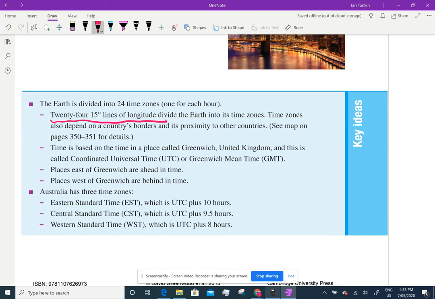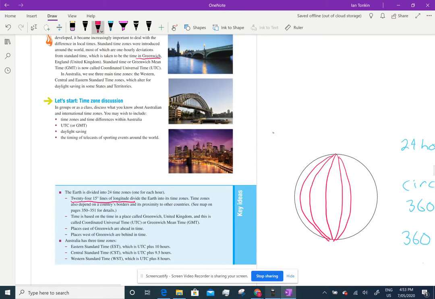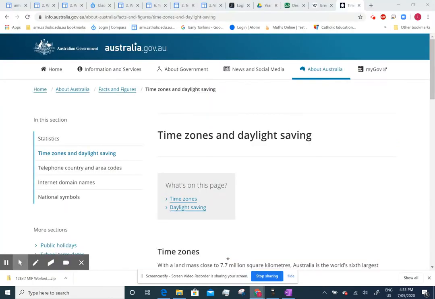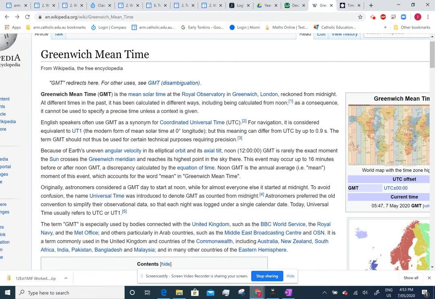Now, what happened was that Greenwich got in there first, and here it is from Wikipedia, the Royal Observatory in Greenwich, because they got there first.